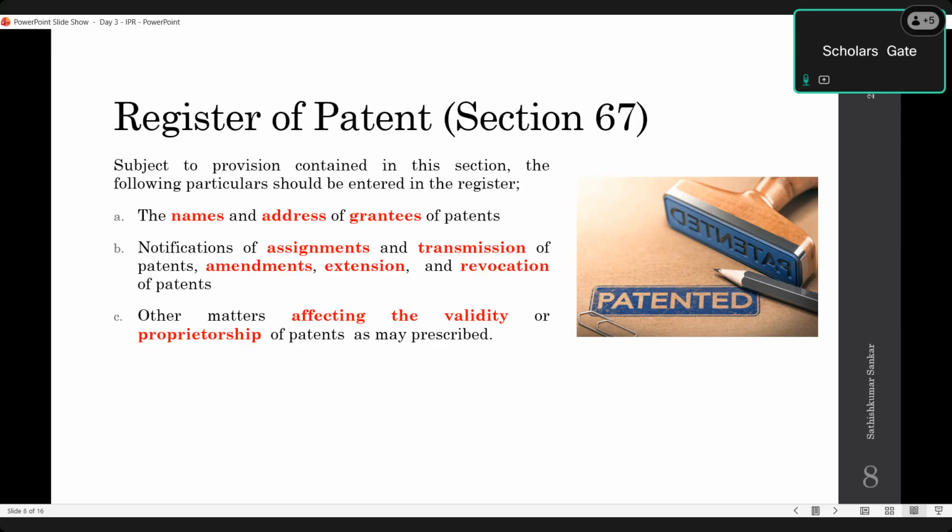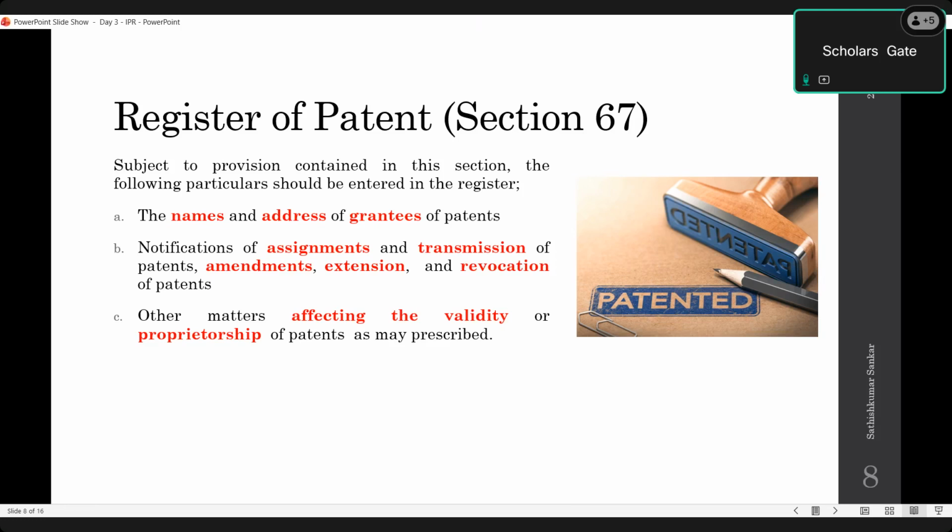First, the name and address of the grantees of the patent should be registered in the patent register. Second, notification of assignment and transmission of the patent, amendment, extension or revocation of the patent. Everything should be mentioned in the patent register.